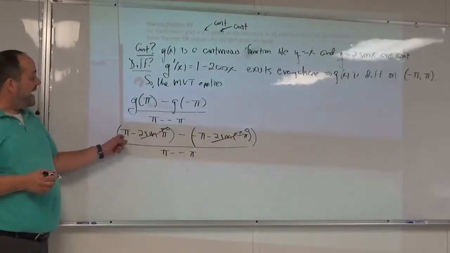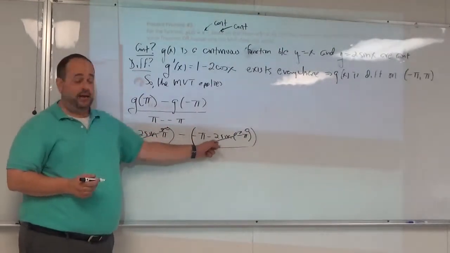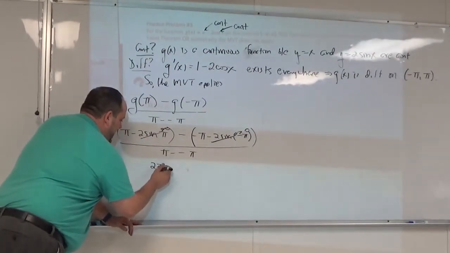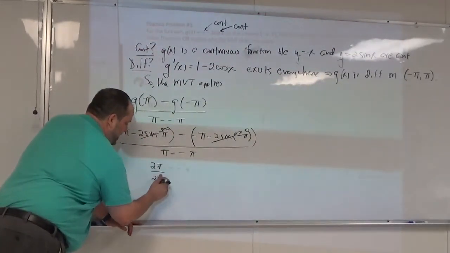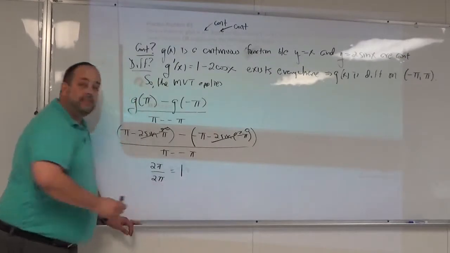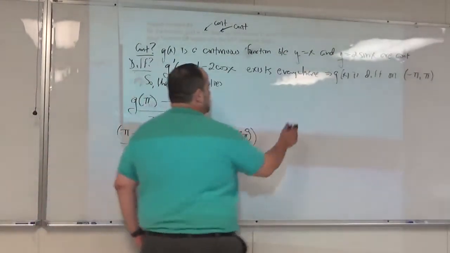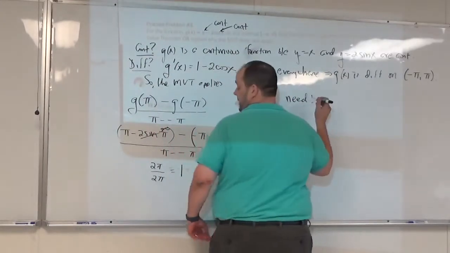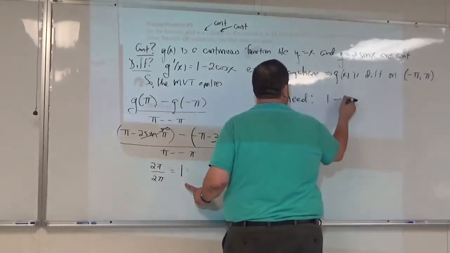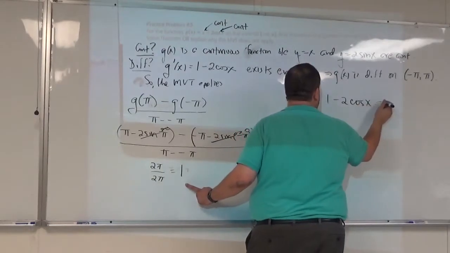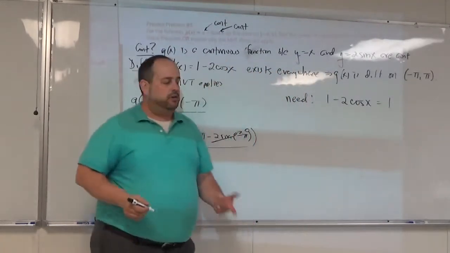So what do we have? Pi minus negative pi, 2 pi, divided by pi minus negative pi, 2 pi, that's equal to 1. That's the goal. That's the slope of the tangent, and then you need 1 minus 2 cosine of x to be equal to 1. You're going to finish it off.